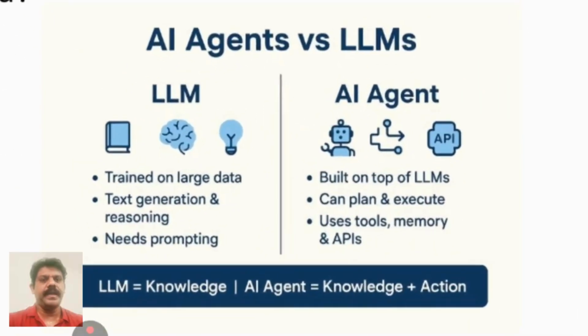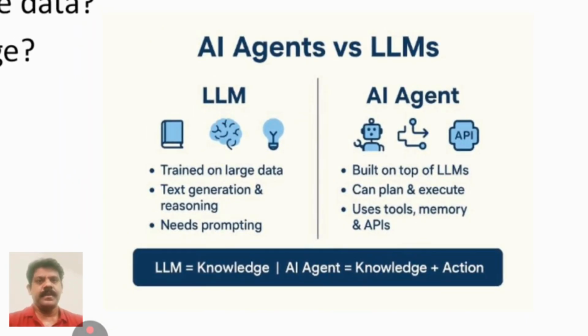So if you compare AI agents with LLMs, LLMs are trained on large data, produce text with reasoning, and require 100% prompting. When it comes to an AI agent, it is built on top of LLMs, large language models, and it is used to plan and execute independently with the support of application programming interfaces.